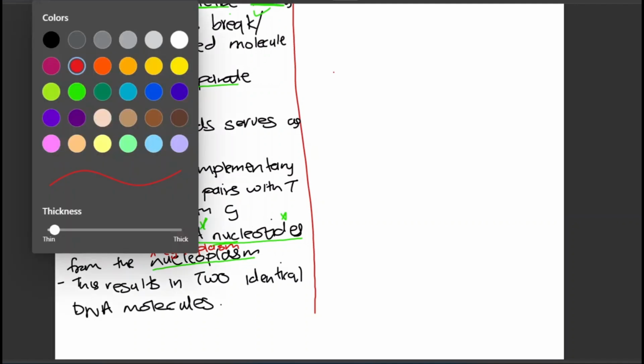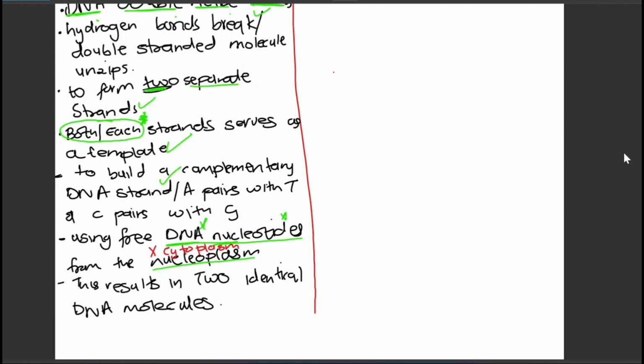Then, the last point, and I'm also going to address common mistakes. This results in 2 identical DNA molecules. Remember, we are making a copy of DNA, and DNA is a molecule. So now that we've formed another one, we are having 2 identical DNA molecules and not 2 identical strands.